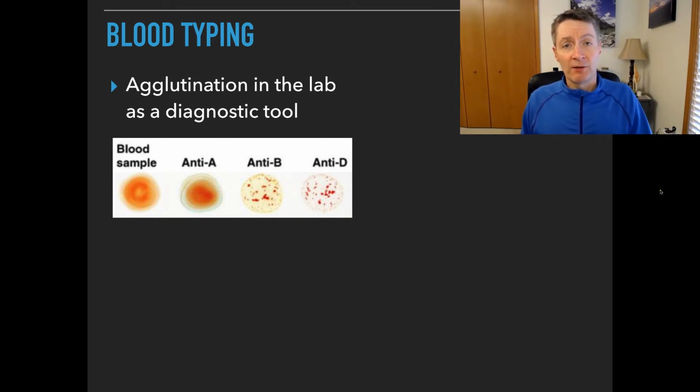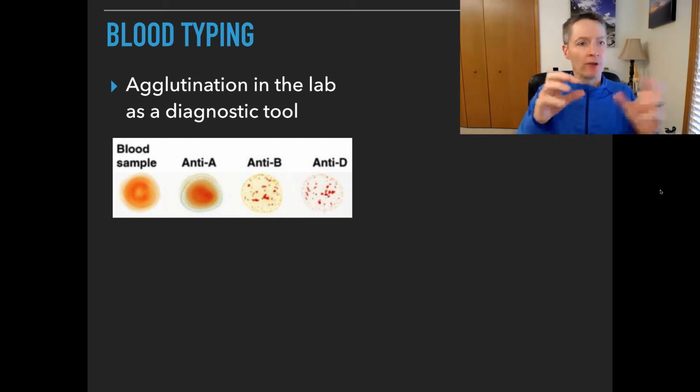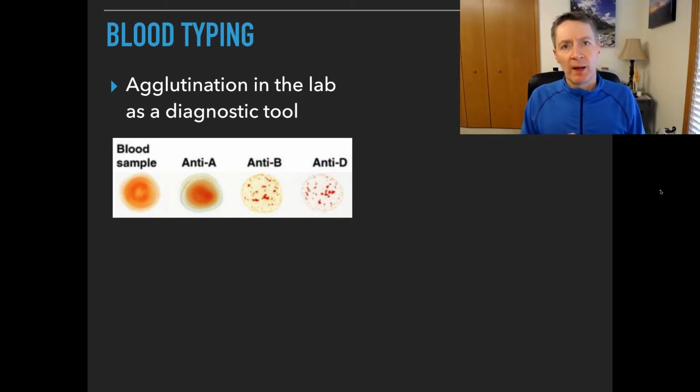Antibodies flag different things for destruction, and then phagocytes go and gobble them up. So agglutination, this idea that you'd have all these antibodies binding up red blood cells in the bloodstream, would be a bad deal. But we can use this to our advantage in a diagnostic lab.